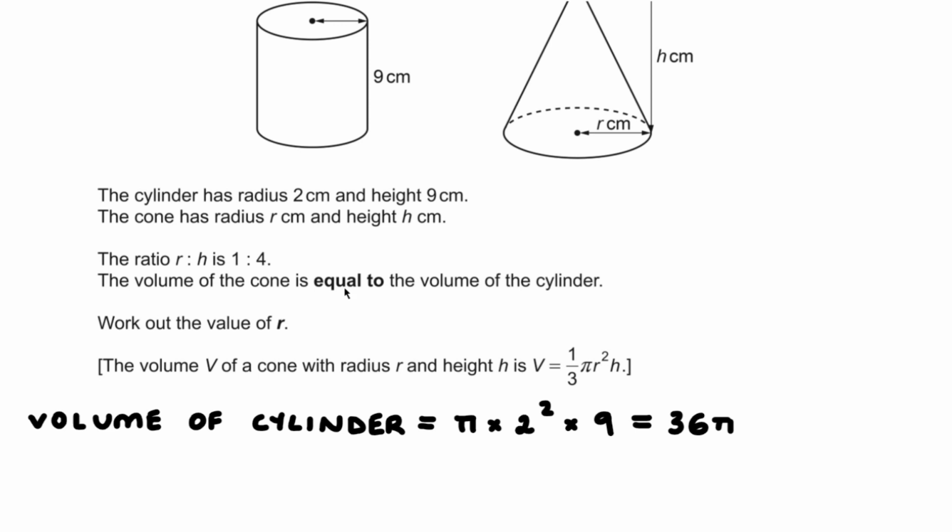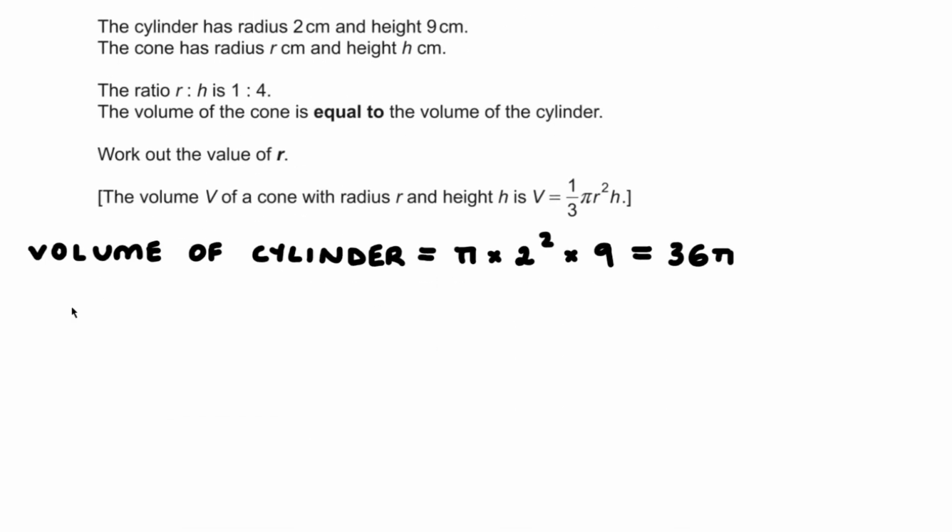And we know that if the ratio r to h equals 1 to 4, that means h is equal to 4r.